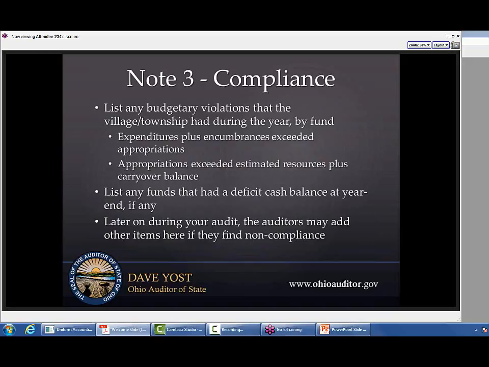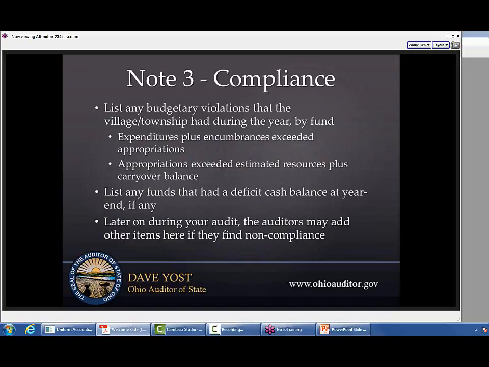So for those entities that we deal with that are usually in fiscal caution, watch, or emergency, there's the possibility that they have negative fund balances at year end. They need to disclose those deficit balances at year end as part of this compliance. Okay? Do your best and document what you do.